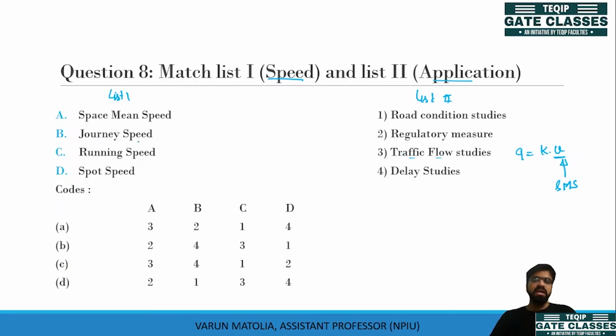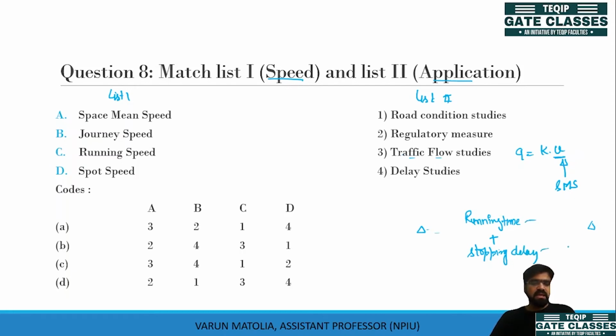Next is journey speed. Journey speed is, if we are starting from A reaching B, it includes the running time plus your stopping delay between 2 points.